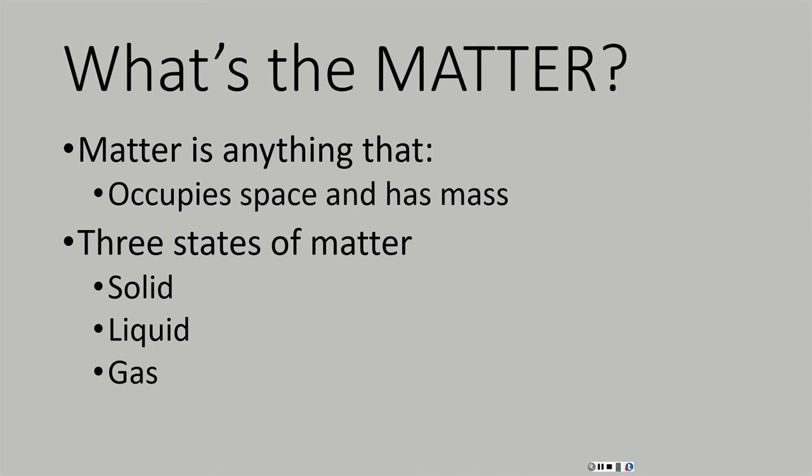Liquids also have a defined volume or size. Liquids have a defined volume, but they take the shape of the container that they are in. Their shape changes based on their container. So let's say you go to the fridge and you grab a jug of milk.